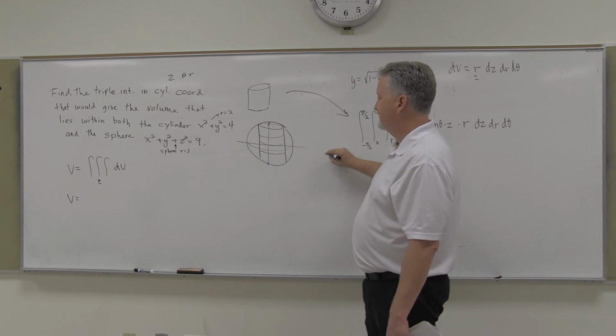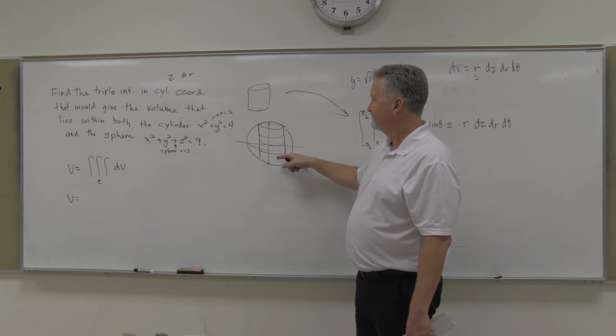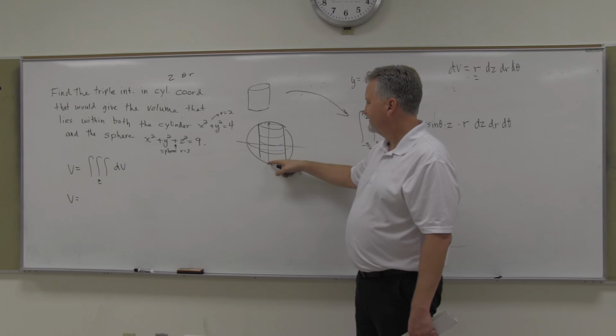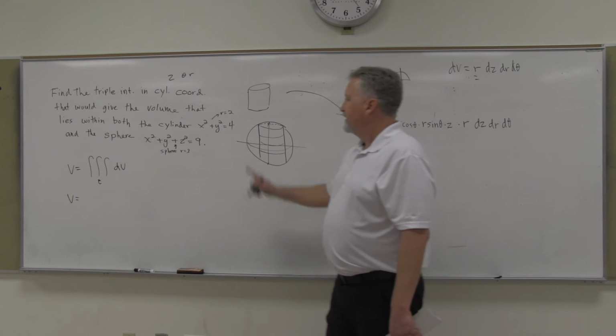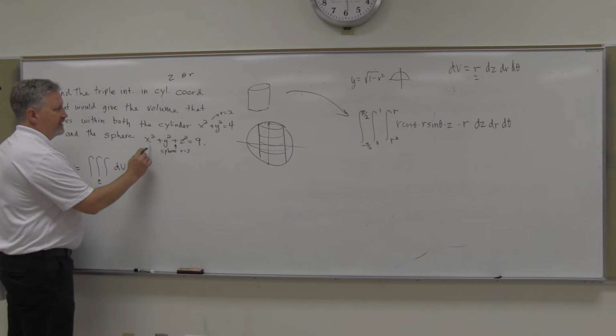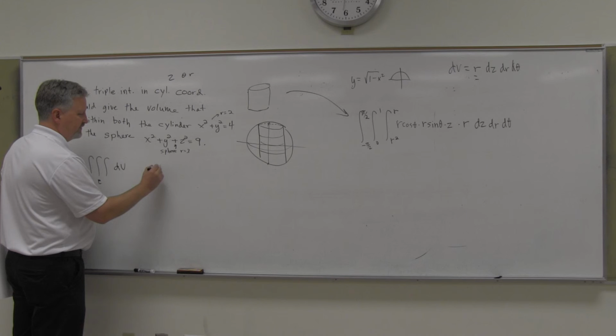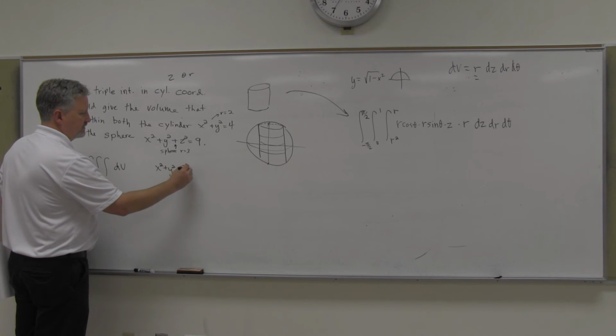Again, you have to kind of look at it. You've got the top half and the bottom half of the sphere. So I need to go from the top half of the sphere to the bottom half of the sphere.